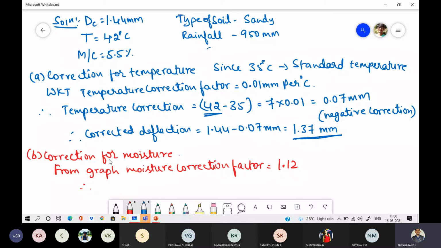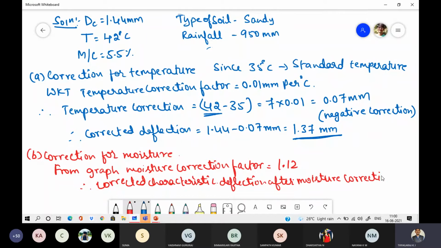Therefore, the corrected characteristic deflection after moisture correction is equal to 1.37 into 1.12.